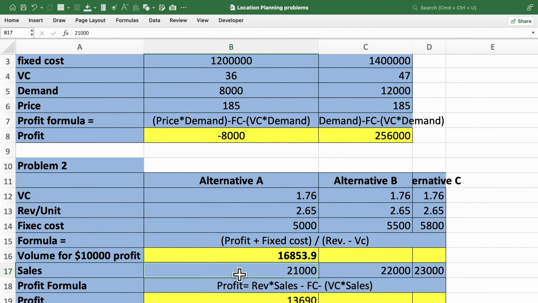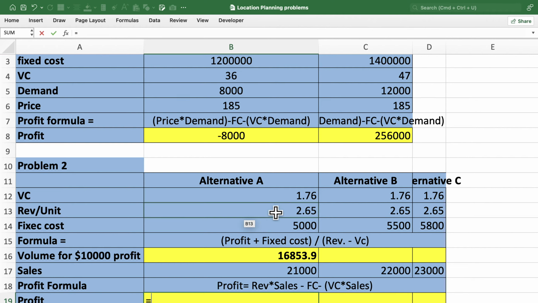The next part of this question is what profit will be achieved if sales become 21,000 for alternative A. So what would be the profit if this is the sales? And the formula that I'll be using is this one. Profit is equal to revenue multiplied by sales, minus fixed cost, minus variable cost, and variable cost is always multiplied by sales or demand. So let's do it.